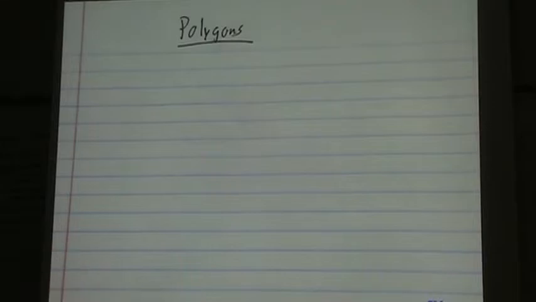And the deal is a polygon is a closed figure made up of a specific number of sides. So no curves.